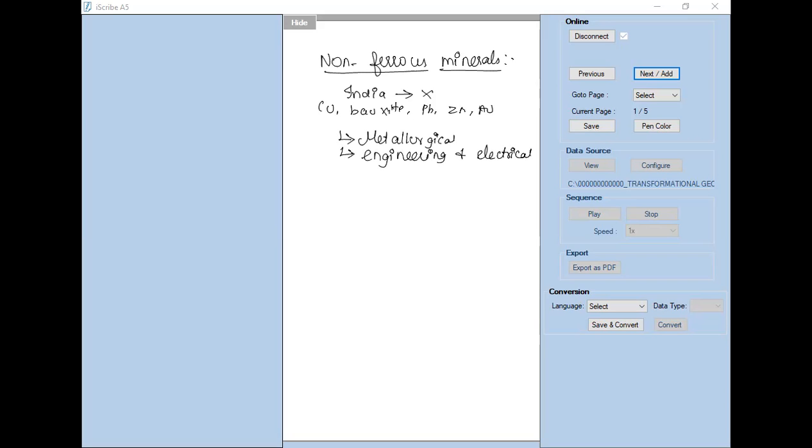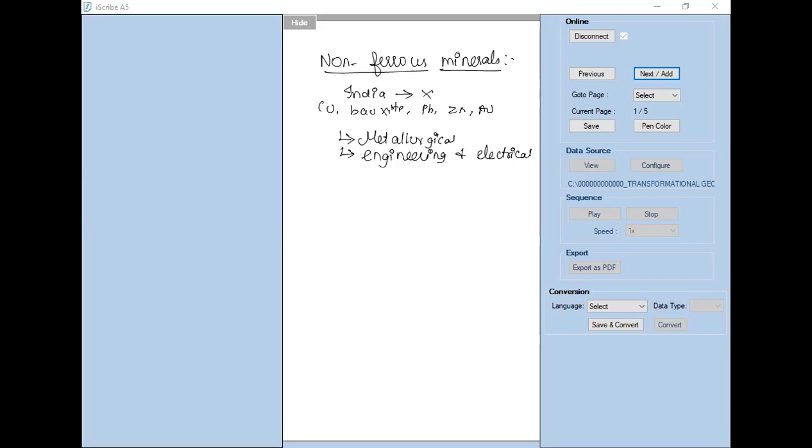India doesn't have much of these non-ferrous minerals: copper, bauxite, lead, zinc, gold. Now we are going to study only two kinds of non-ferrous minerals: copper and bauxite.